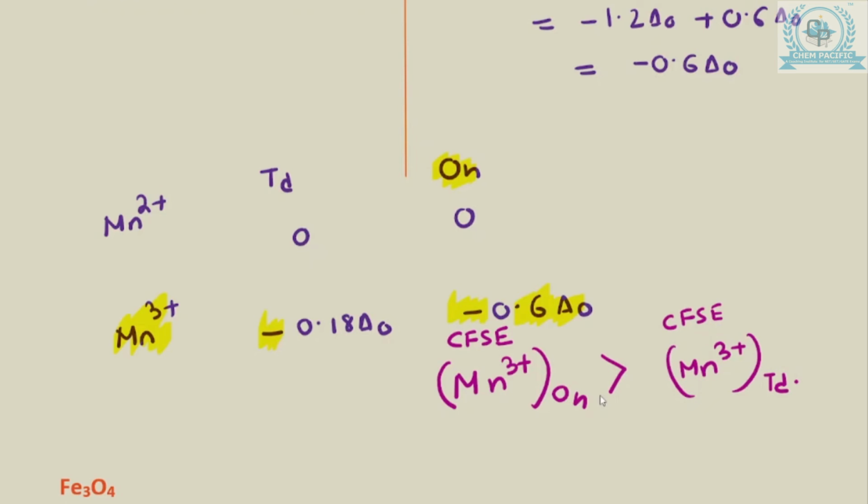इसका मतलब ये हो गया that Mn3+ जो है it will occupy what? It is definitely going to occupy the octahedral void. So Mn3+ will occupy the octahedral void.